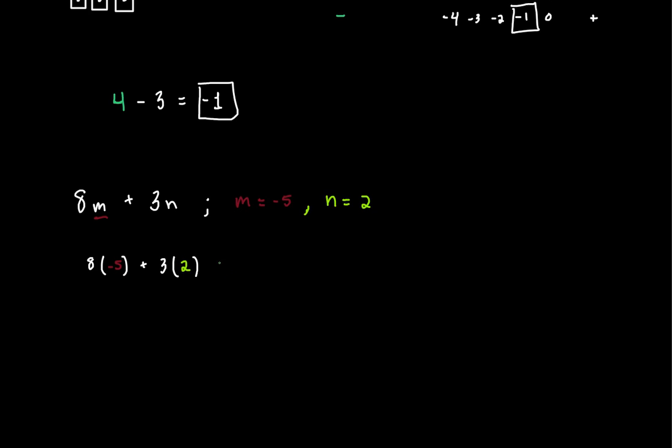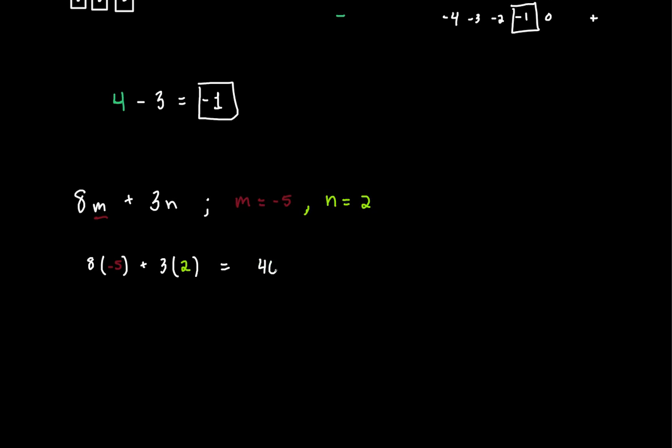And then we're going to solve. First thing, PEMDAS, is that you're going to multiply. You're going to have to multiply this 8 and this -5. 8 times 5 gives us an absolute value of 40.